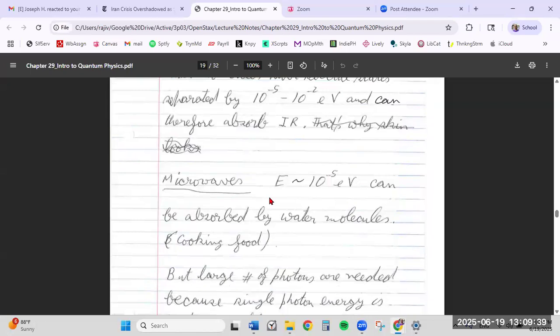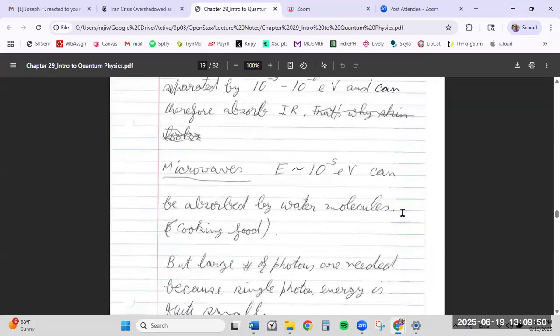Microwaves have frequencies corresponding to an energy of about 10 to the negative 5 electron volts, and they can be absorbed by water molecules. And this is what makes microwave cooking or heating possible.